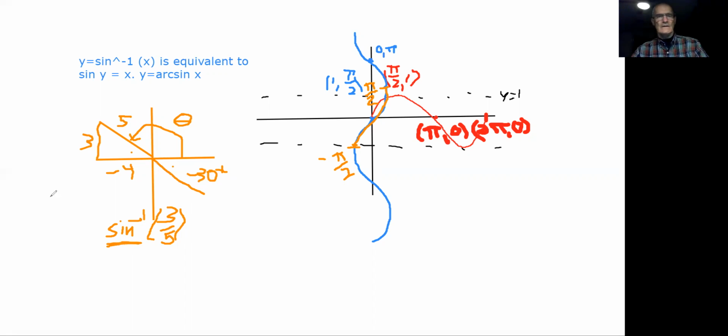Now, the key thing to also remember is your inverse cosine.